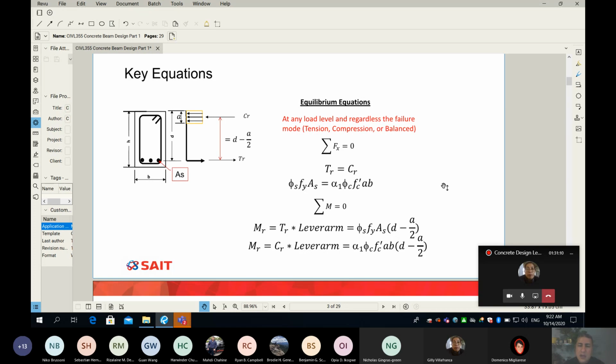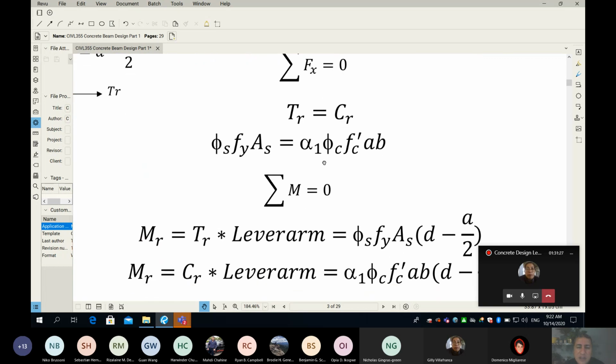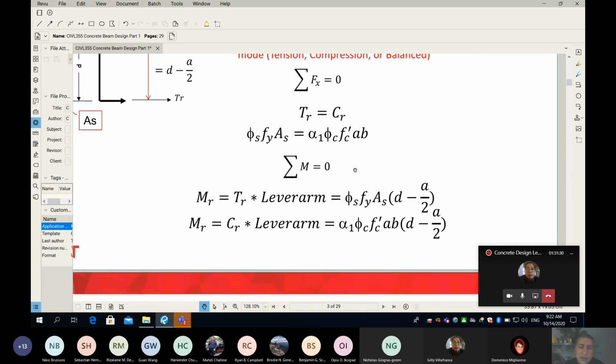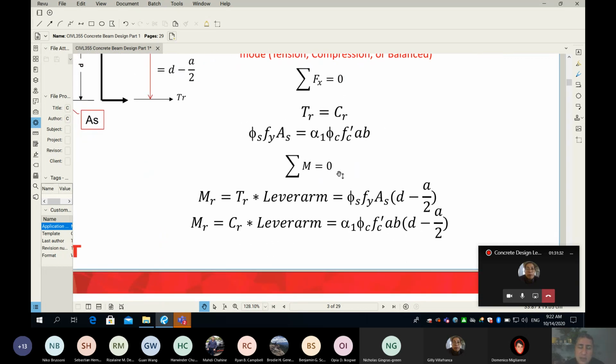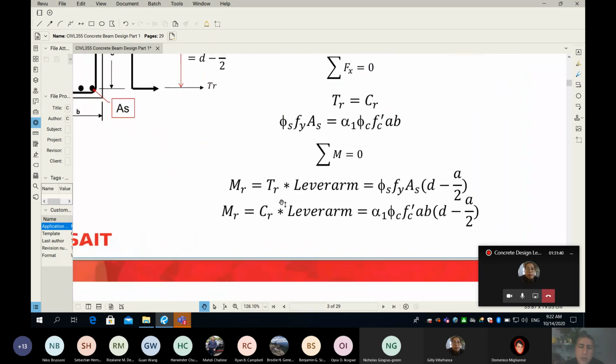There is a balance. So I said sigma Fx equal to 0, so T_r is equal to C_r. We replaced the T by its equivalent, stress times area, and concrete is also stress times area. So we have this equation here. Next, what's my moment? Sigma moment equal to 0, which means if you take the moment around the centroid of the rebar or the center of the concrete compression, then you get these equations.